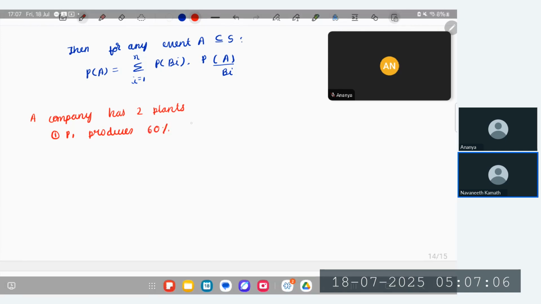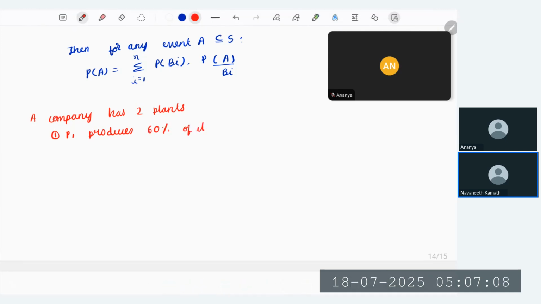Plant P1 produces 60% of the items with a 1% defect rate, and plant P2 produces 40% of the items with a 2% defect rate.